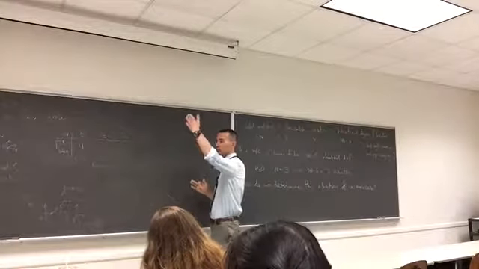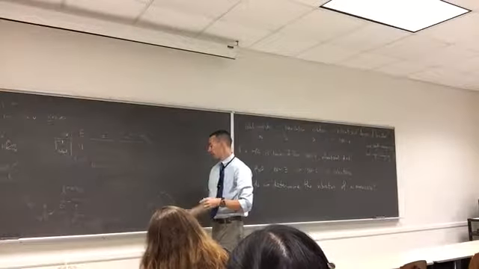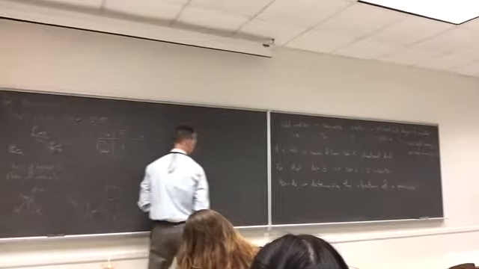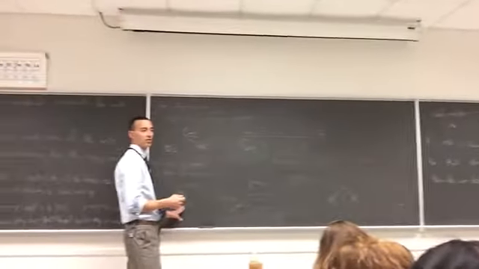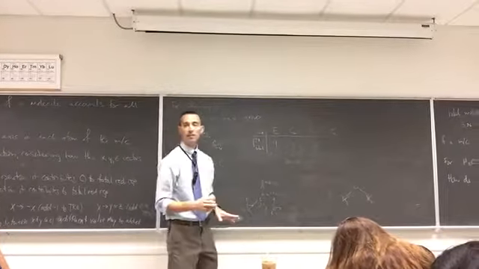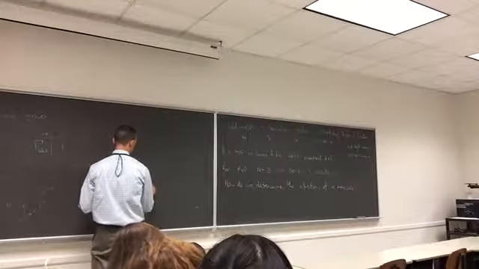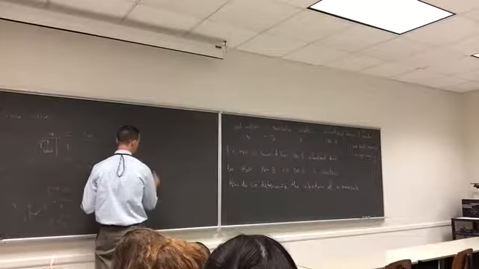The other reflection is the YZ plane. The left side reflects to the right side. So HA and HB, after the reflection, switch places. So they've, again, literally moved, just like they did in the C2. So we're going to ignore them. And all we have to worry about is the oxygen. Z is unaffected. X gets reflected. And Y stays the same.